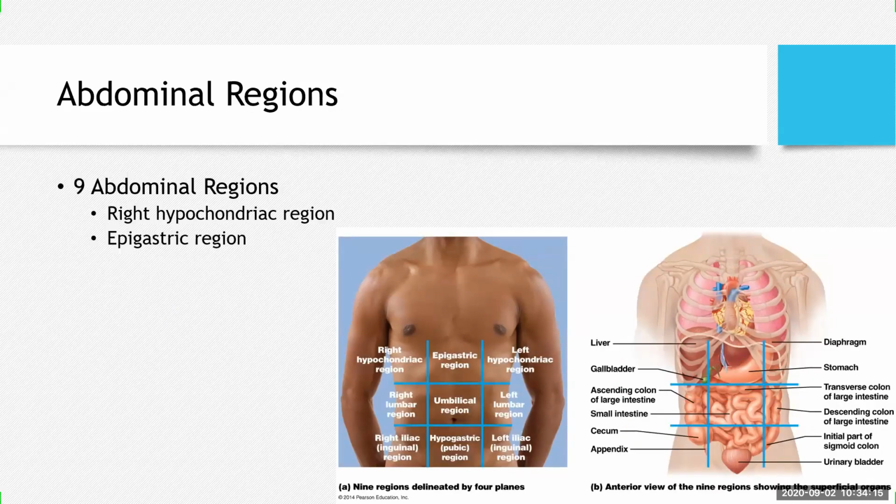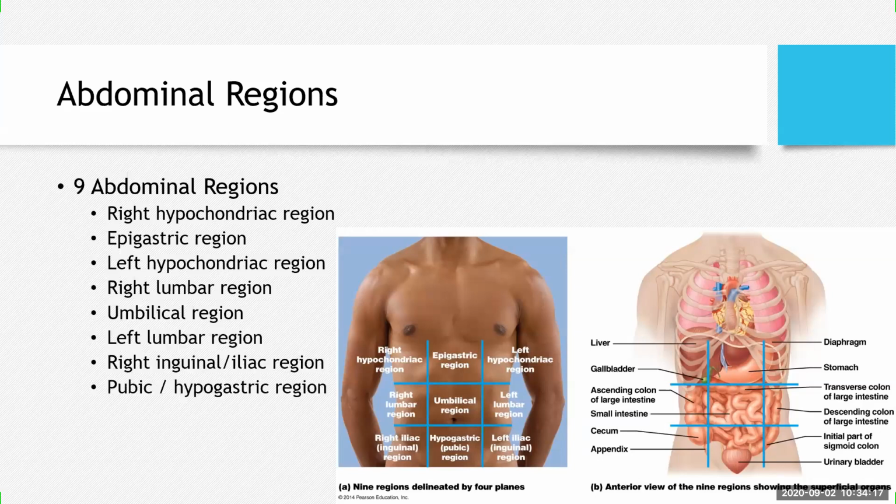All right, so those are the quadrants. Now let's look at the different regions of the abdominal region. So we can put diaphragm on right upper quadrant. Yes, you could put the diaphragm as right upper quadrant and also the left upper quadrant, so it's both.